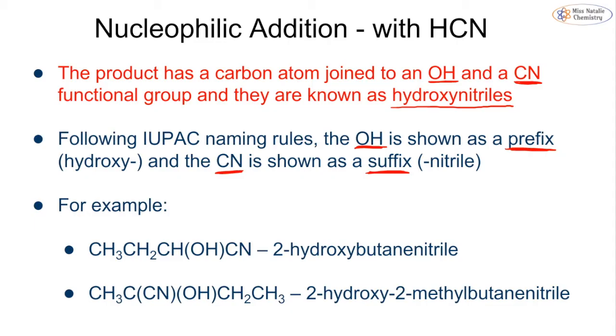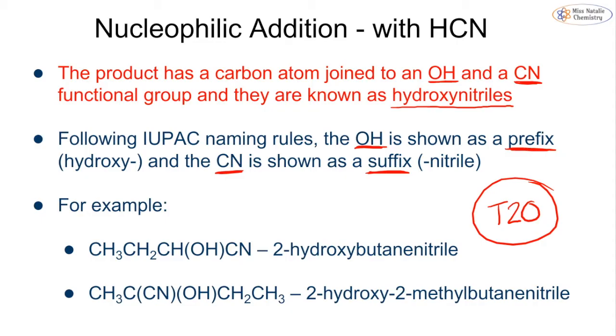Notice that we have extended the carbon chain here. By adding on that nitrile, it extends the carbon chain, and this is something that we will look at in a little bit more detail when we do organic synthesis, because this is a way to get an extension of the carbon chain. For the second one, where we added the CN and the OH onto the same carbon, we would get 2-hydroxy-2-methylbutane nitrile.